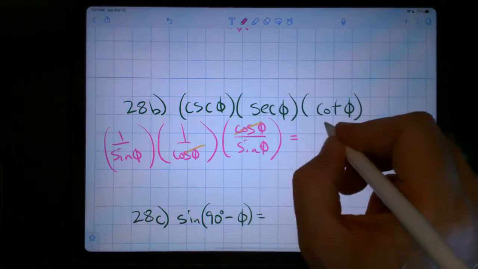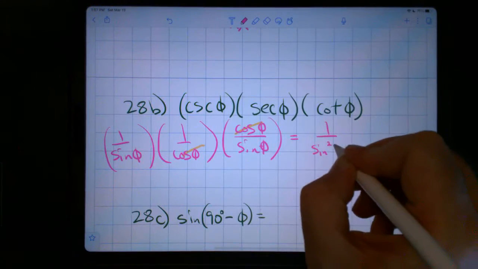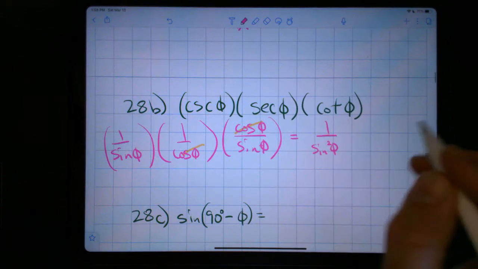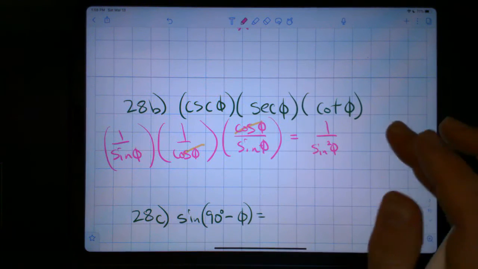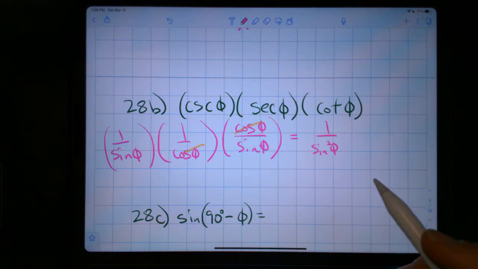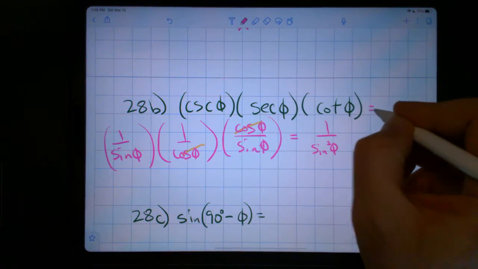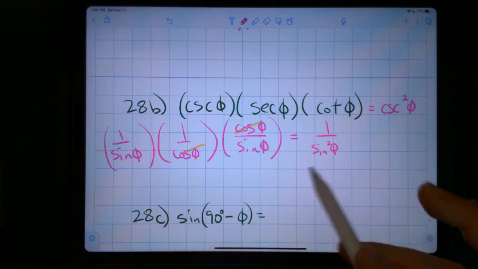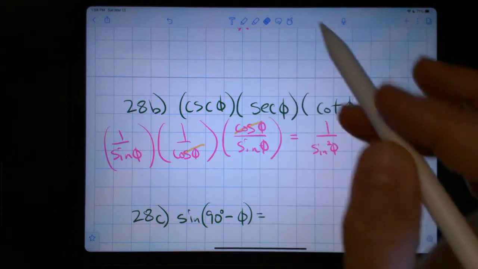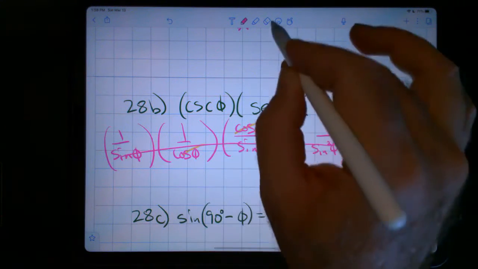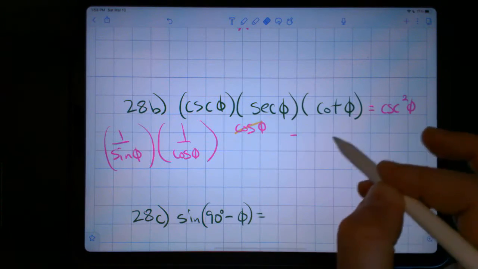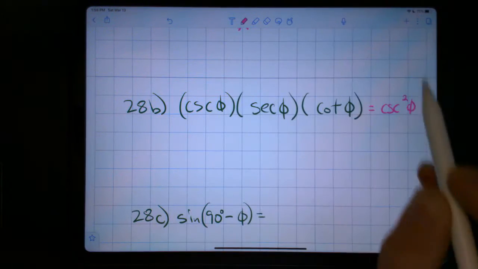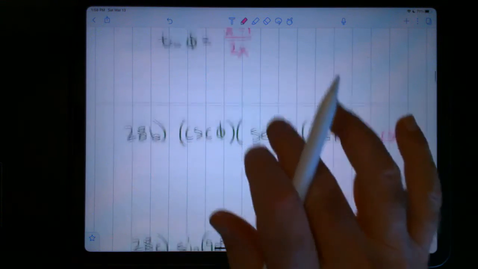So this is the same thing as 1 over sine squared of phi, or the inverse of sine squared, which is cosecant. So I'm going to erase this to give me some working space. So I need cosecant squared of phi.